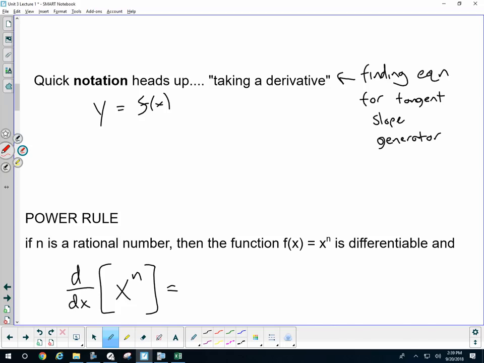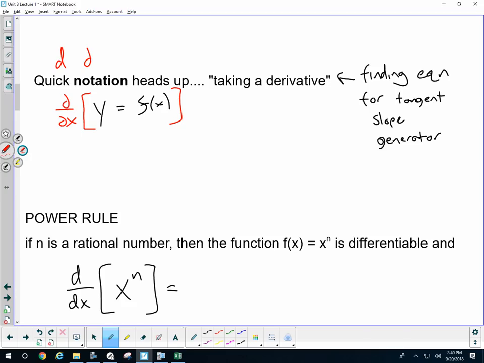The notation we will use will be d over dx. I write my d's like that because it's easy to write, but you can see d's like this or d's like that. It doesn't matter. You will be told, take that derivative, which means find the equation of f prime.